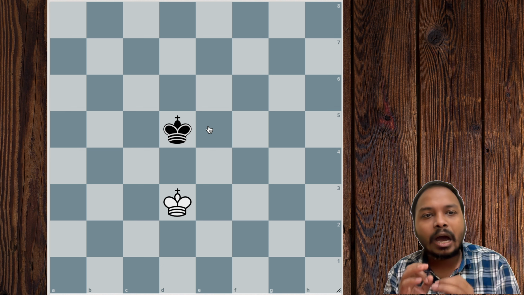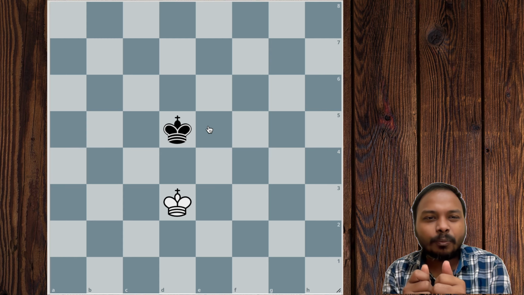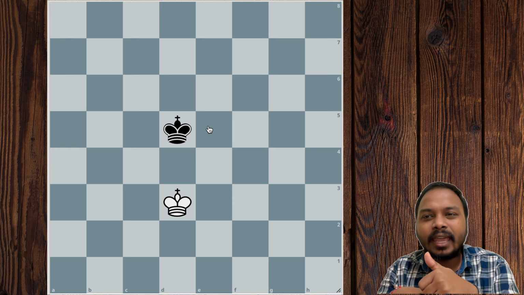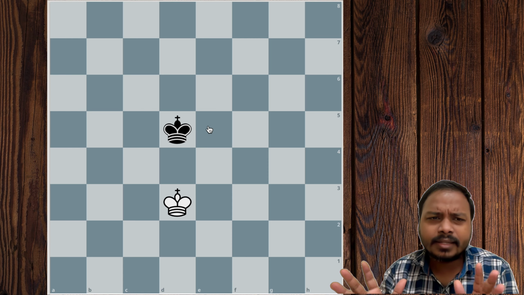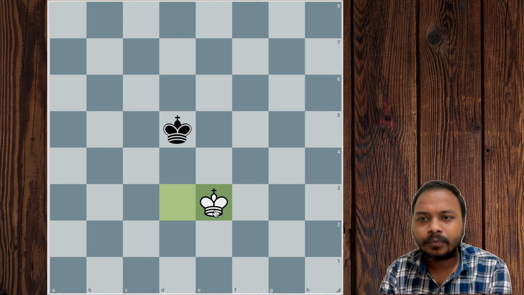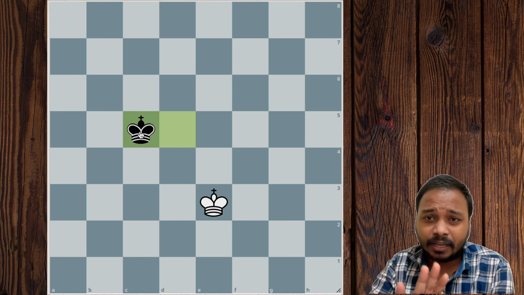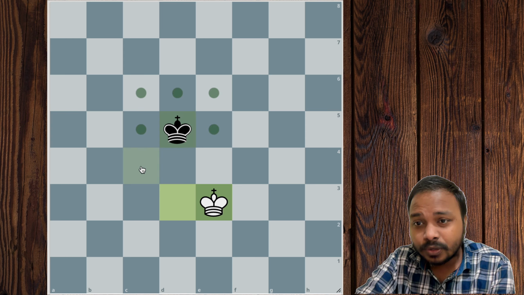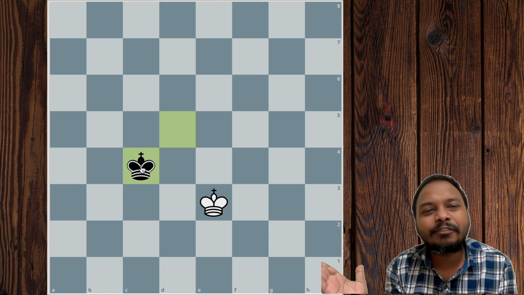Next is called outflanking. Outflanking basically means that after the opposition, in the opposition situation generally, both kings move in different directions. For example, the king moves here. If the black king moves to c5, it's an opposition, as I told you. But if the same king moves to c4, as you can see, they are both moving in different directions.